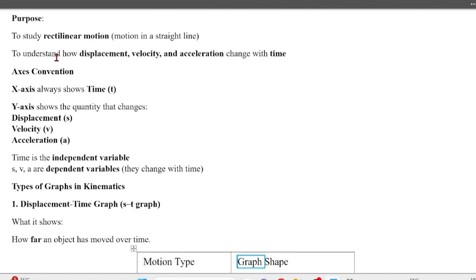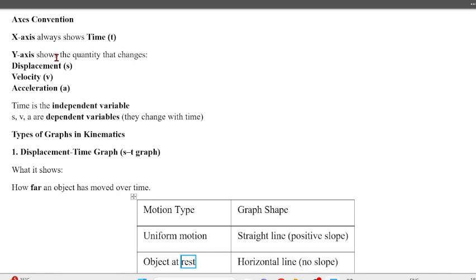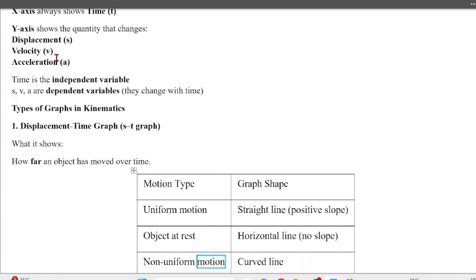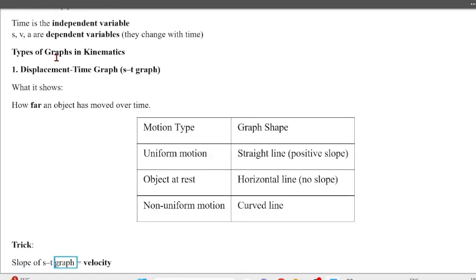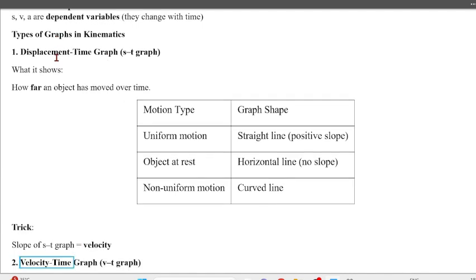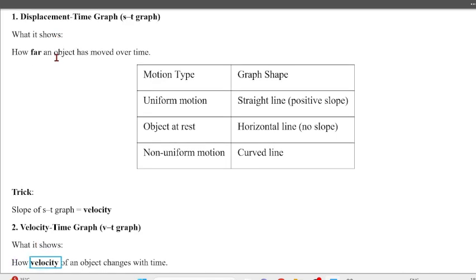Motion type and graph shape: uniform motion, straight line with positive slope. Object at rest, horizontal line, no slope. Non-uniform motion, curved line. Trick: slope of s-t graph is equal to velocity. 2. Velocity-time graph, v-t graph. What it shows: how velocity of an object changes with time.